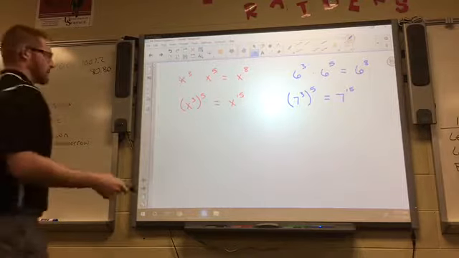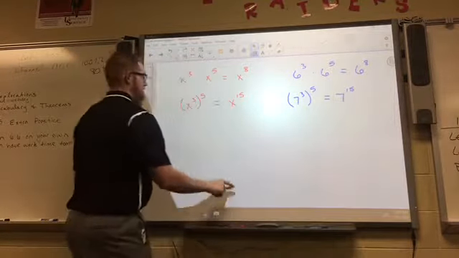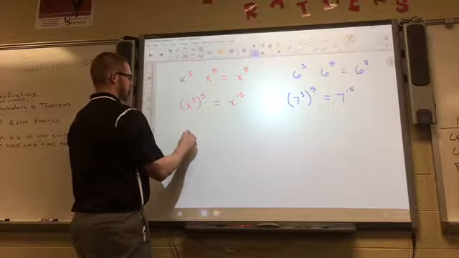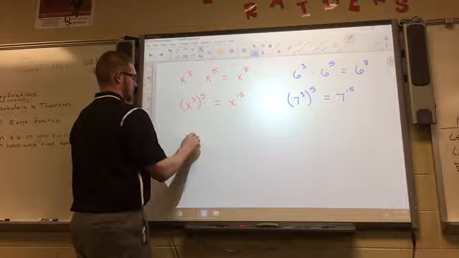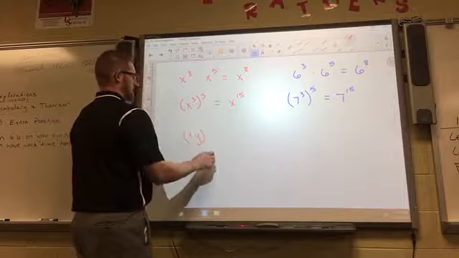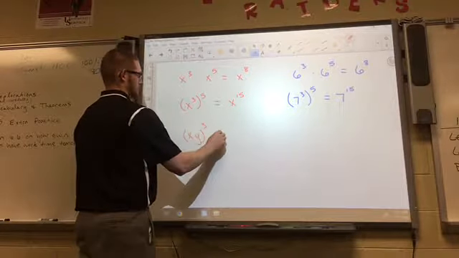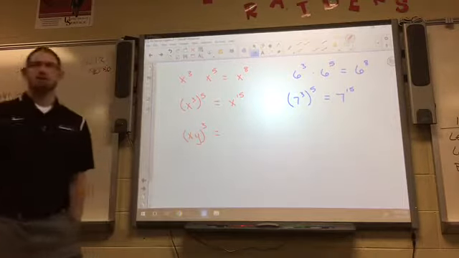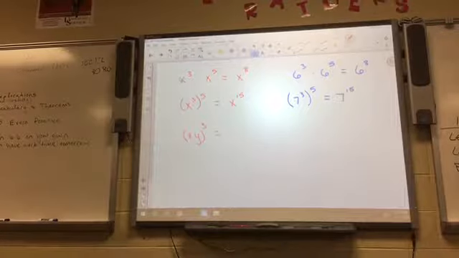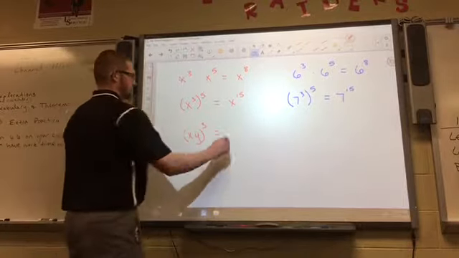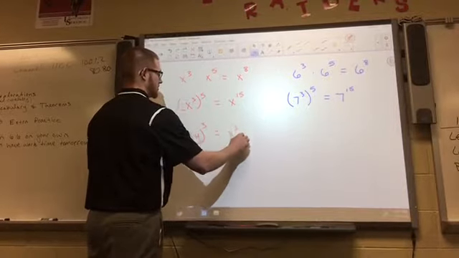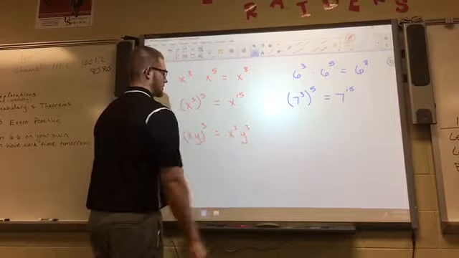Power of a product, meaning I'm taking a product, let's just call it x times y, to the 3rd. Does that cube go to one or both of those variables? Both of them. So I have x cubed, y cubed.